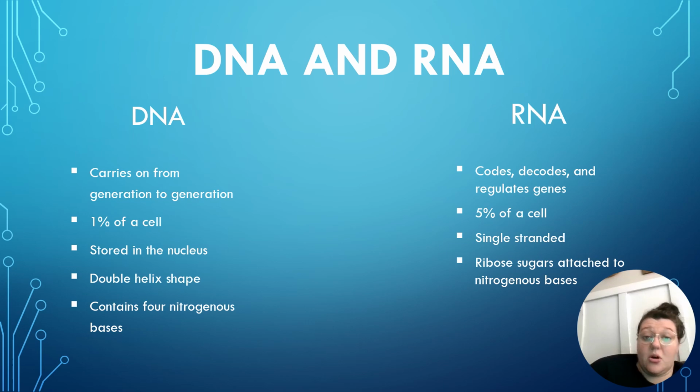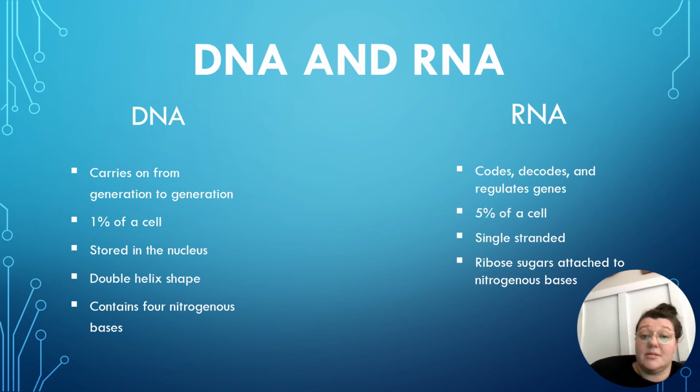So next we'll talk about RNA. And RNA is what codes, decodes, and regulates genes. This sends the codes to say, hey, they're going to have blue eyes. This is what sends all the codes to the cells in the structure, which RNA makes up 5% of a cell, which is bigger than DNA, maybe it plays a bigger role.